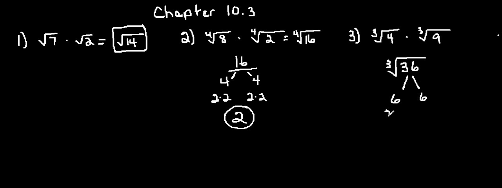And then 6 would give me 3 times 2, and this 6 is 3 times 2. So I don't have 3 factors that are the same that give me 36. I don't have that, I just have 2. So my answer would just remain the third root of 36. Fooled me on that one. Okay.